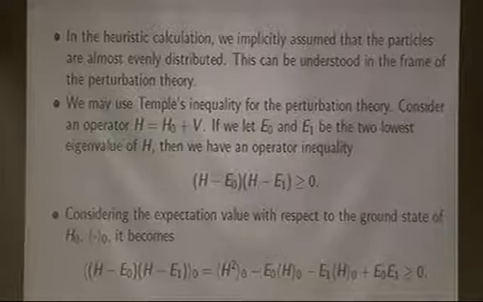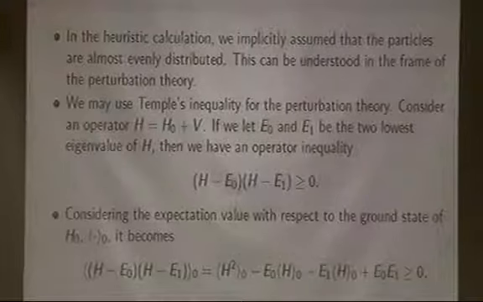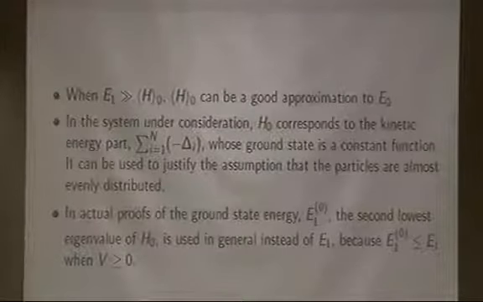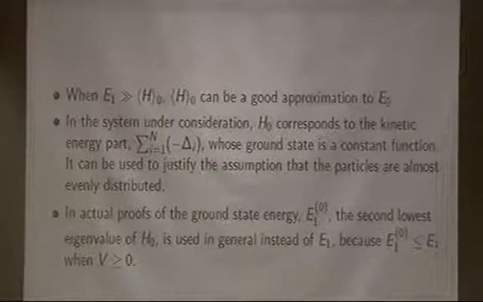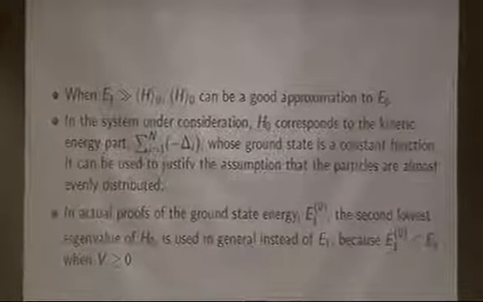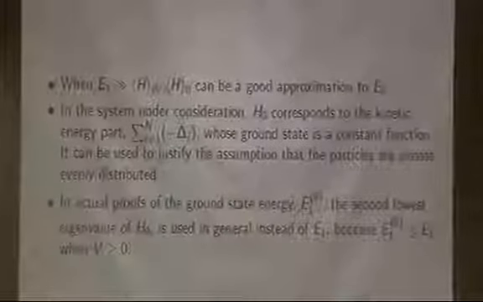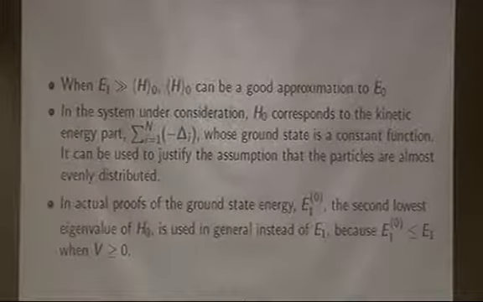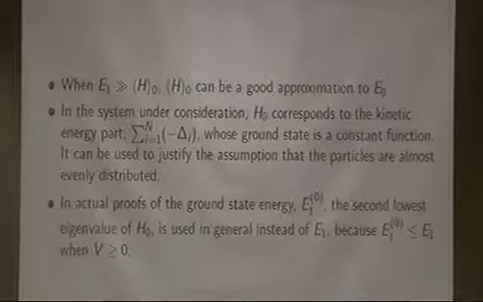So the ground state energy is almost like the expectation value of H with respect to the ground state of H0. And that's what we have done in the heuristic argument to find the ground state energy. So, if the function is just constant, then the probability is just uniformly distributed. That's why we could use that argument.